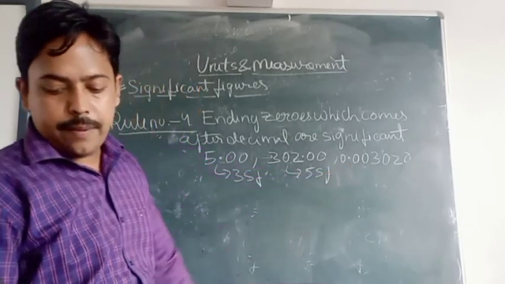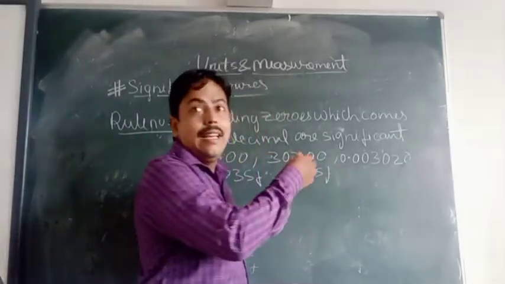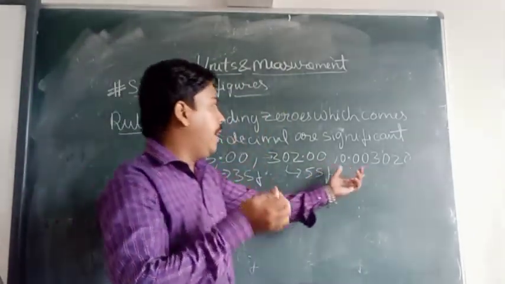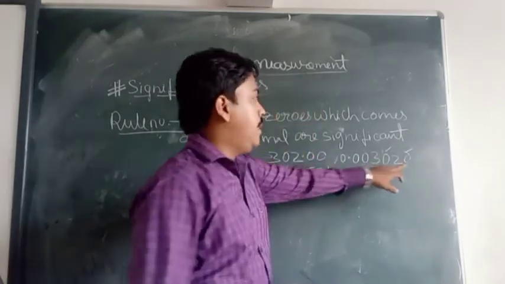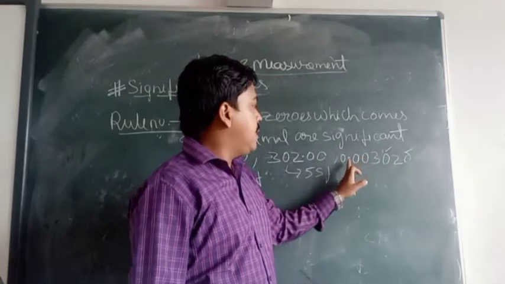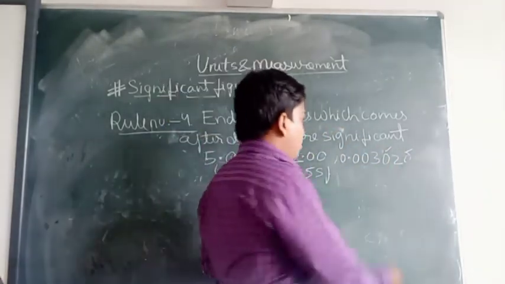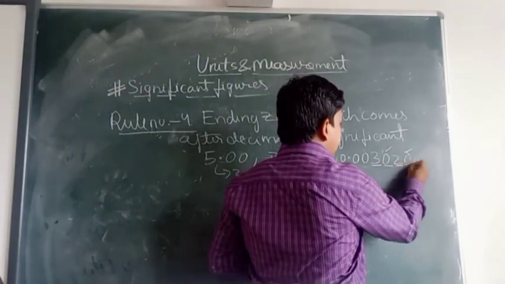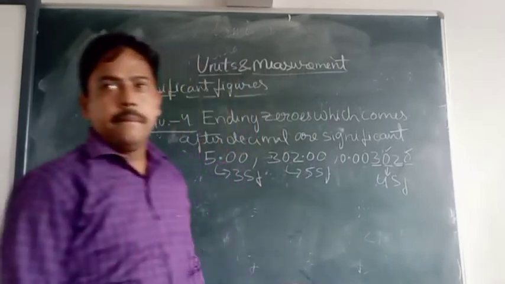No, sir. Because they are leading zeros, and only this 0 will be counted and this 0, after decimal. This 0 is coming after this decimal, so it will be counted as a significant digit. So 1 significant digit, 2, 3 and 4 significant digits. So 4 significant digits are here.